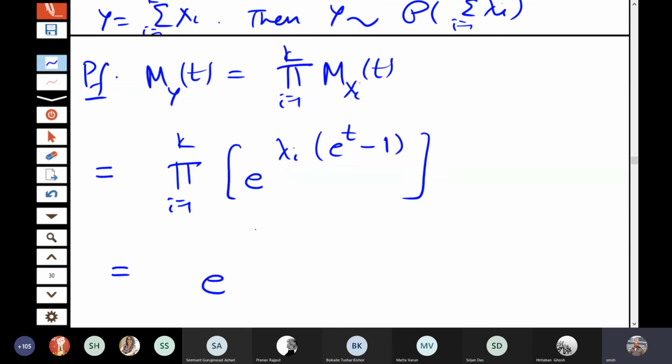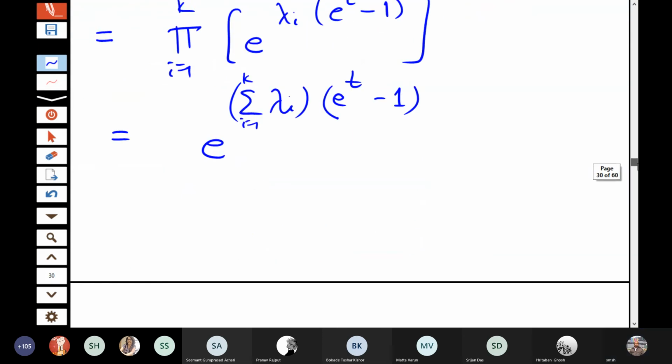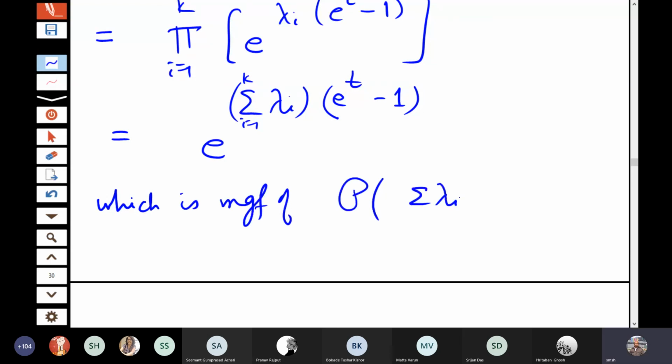So it becomes e to the power sigma lambda i, i equal to 1 to k, times (e to the power t minus 1), which is the MGF of a Poisson sigma lambda i distribution. So the Poisson distribution is also additive.